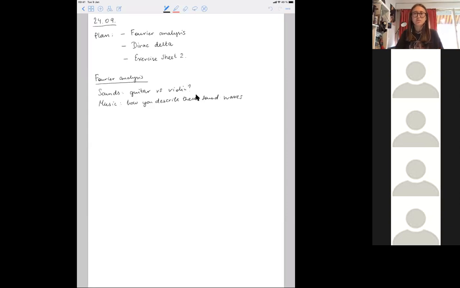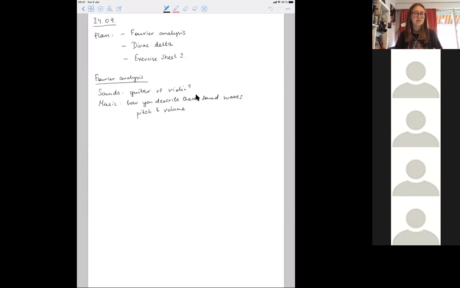Then you usually would say that, okay, I hear a certain sound, it has a certain pitch, and it has a certain volume. But both a guitar and a violin can play the same pitch, and you would still be able to distinguish them.